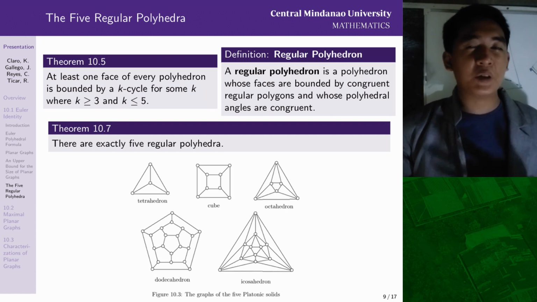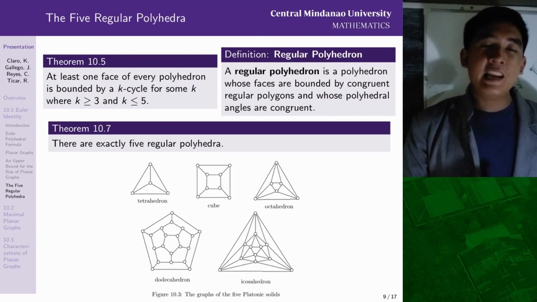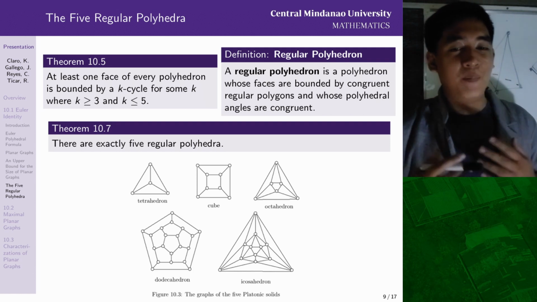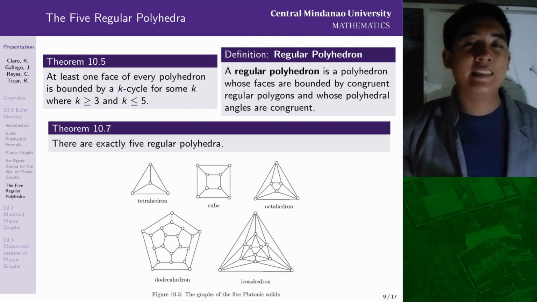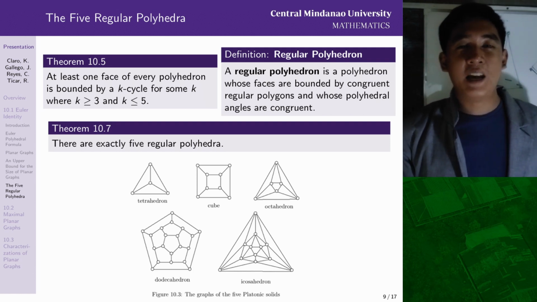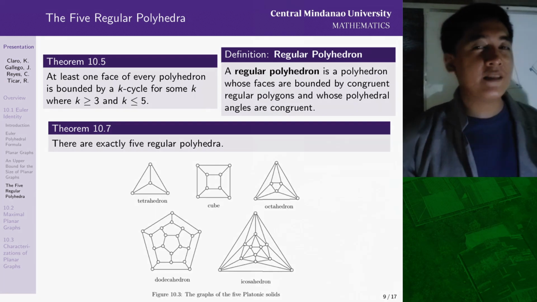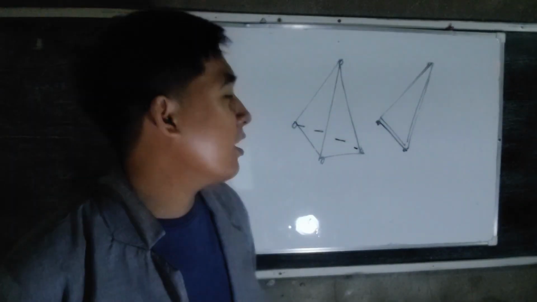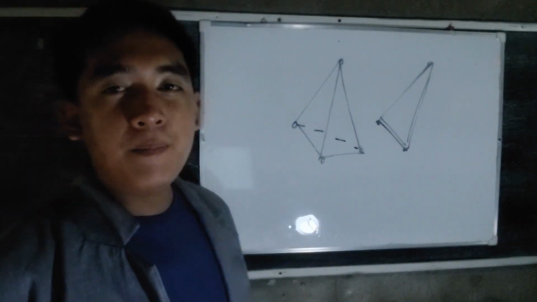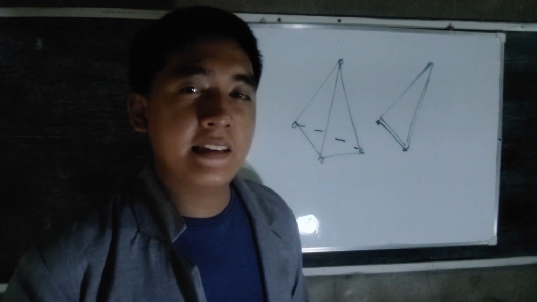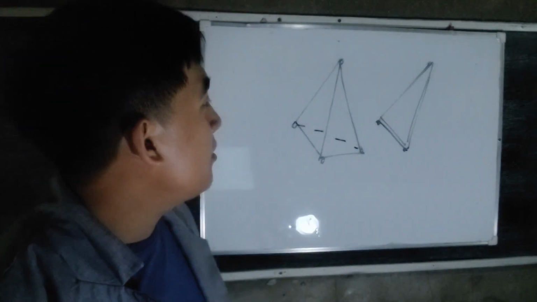So this just confirms that for a polyhedron, it is not possible for all faces to have fewer than 3 sides. Let us take an example, a tetrahedron. A tetrahedron has 4 faces. Let's consider one face of the tetrahedron.